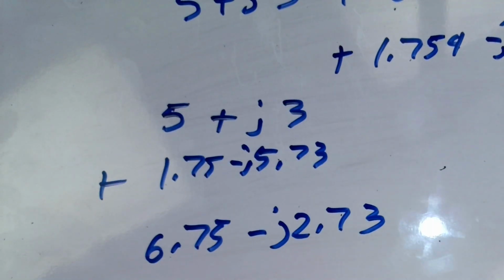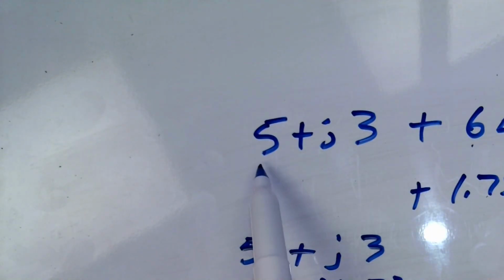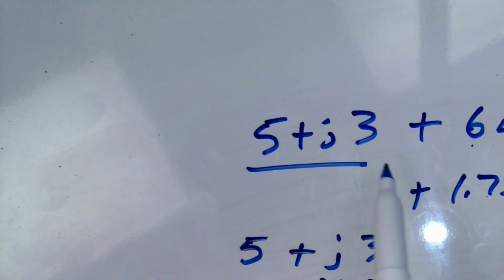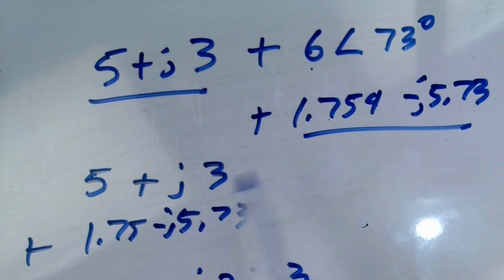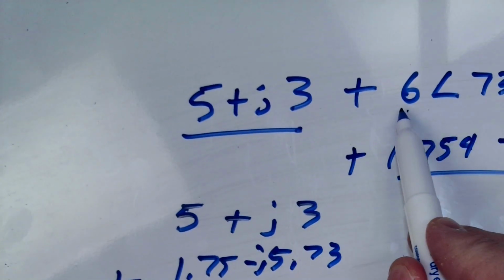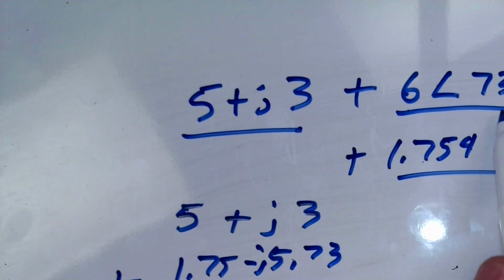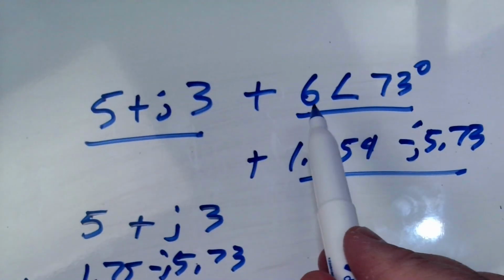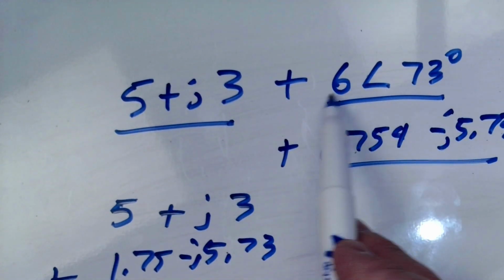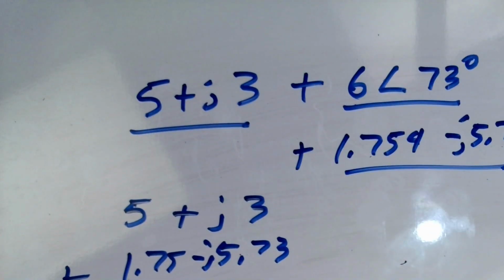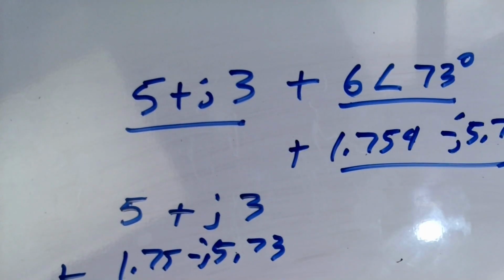And remember, if it's in rectangular format, you want to get both of them in rectangular, then you can add and subtract them. If they're in polar format, then you can multiply and divide by just multiplying the magnitudes and adding and subtracting the angles.